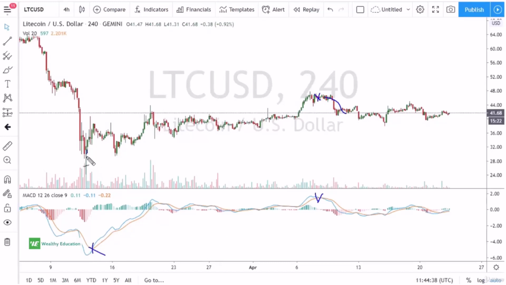The moving average crossover right here led to the market picking up quite a bit until, probably right about here, where you would have got a cross signal. So that, of course, set up quite nicely for a potential run. And as a result, it looks as if this has been steady along the way.